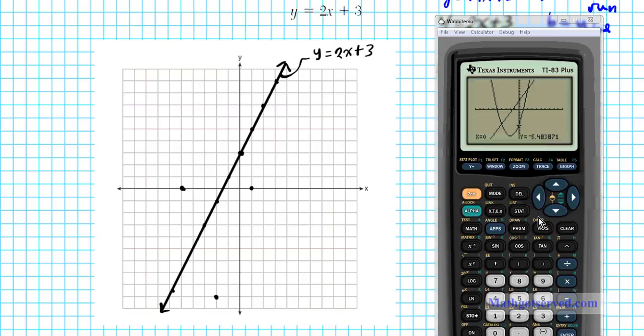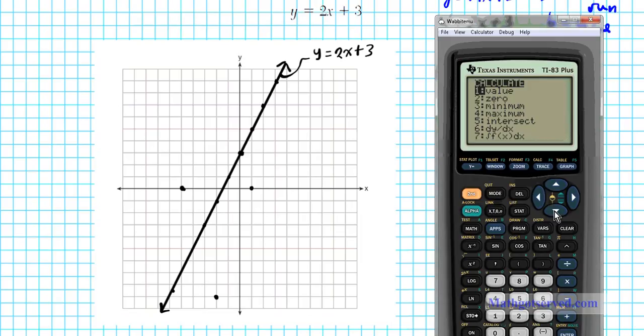All right, so let me do something again. One thing you want to note is that when you're calculating the intersections, calculate intersect, since there are 2 intersections here, you basically move your cursor to a point close to the intersection that you want to calculate. So let's say we want to calculate that intersection first.